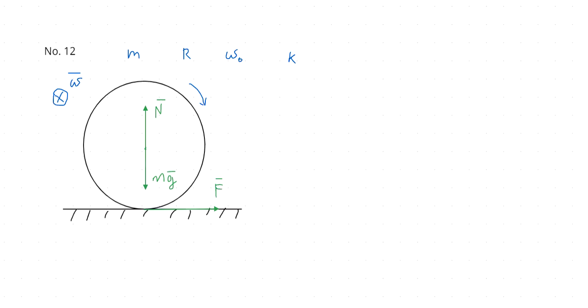Okay, and what can we say about these forces? The force of gravity we can calculate. It is m multiplied by g, where g is the acceleration of free fall.